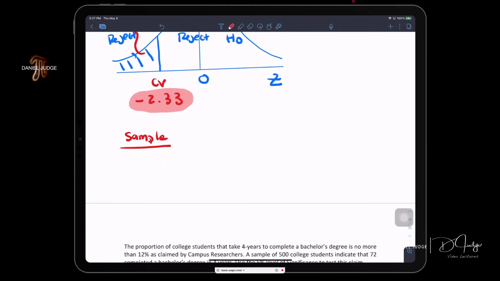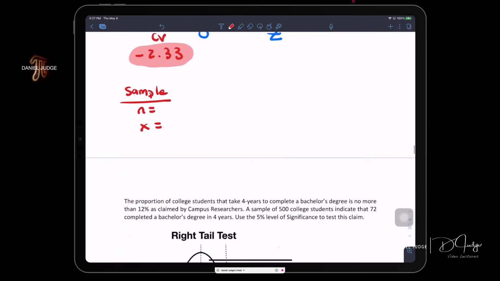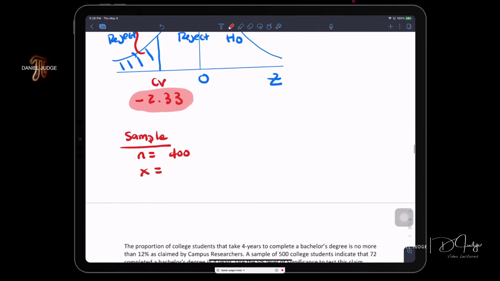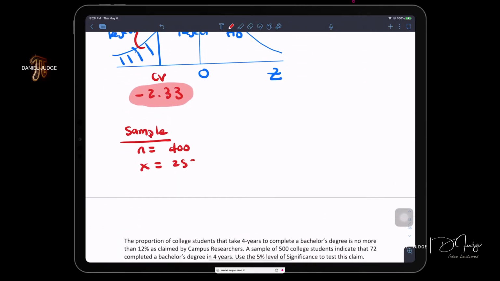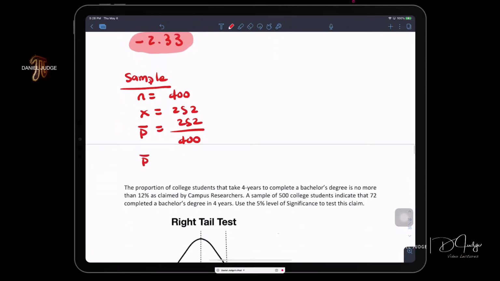So we can write it as N and then X, or X and then N. We asked 400 college students. We had 252 believers in Bigfoot. Those are our successes. So the sample proportion is 252 out of 400. We're going to approximate this to the nearest thousandths, ladies and gentlemen.